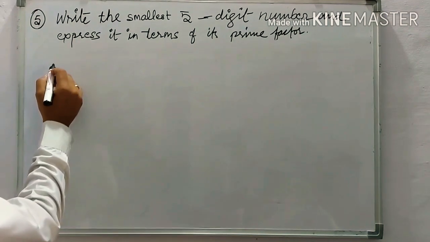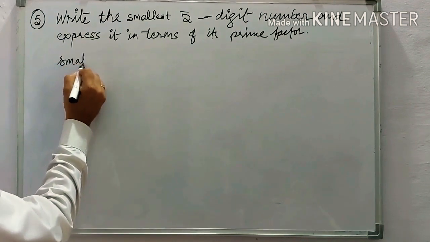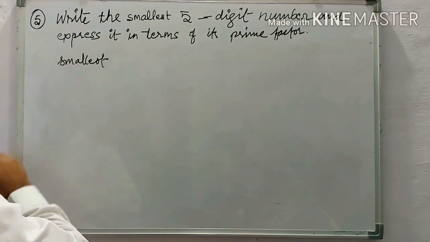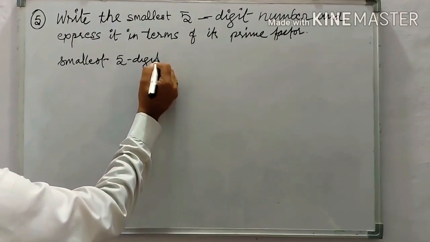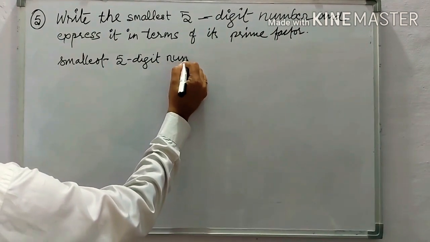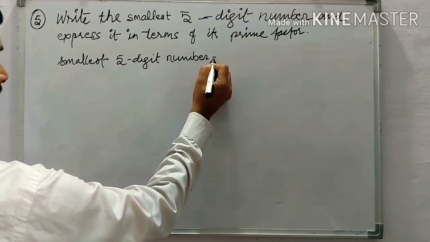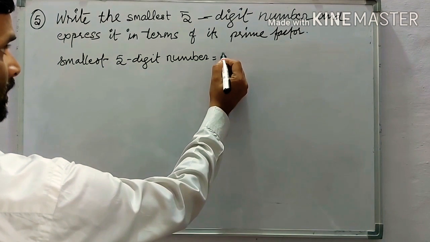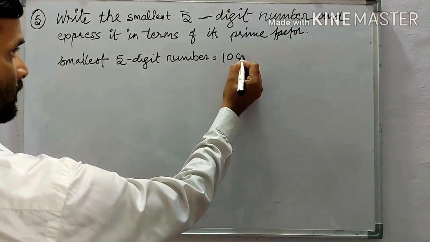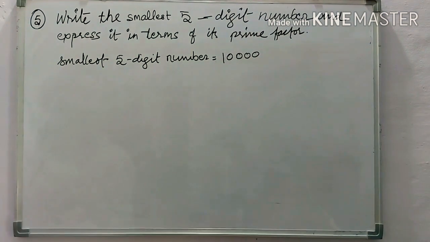So first you write the smallest 5-digit number, which is 10000. It means 10,000 is the smallest 5-digit number.